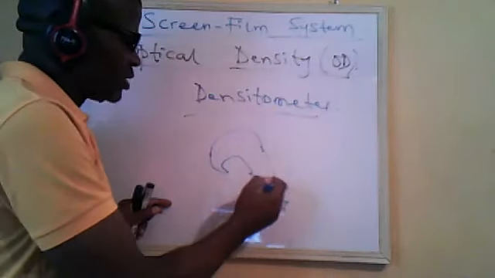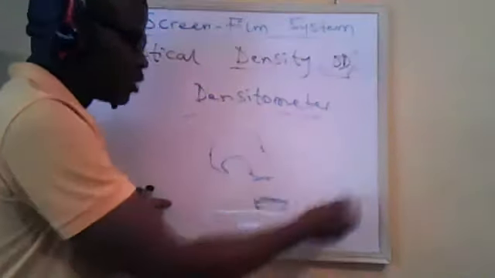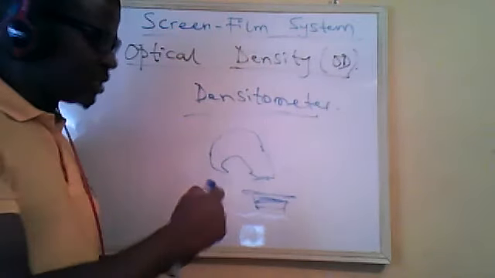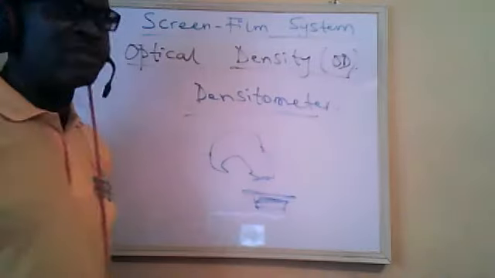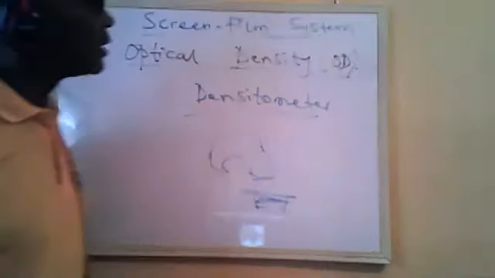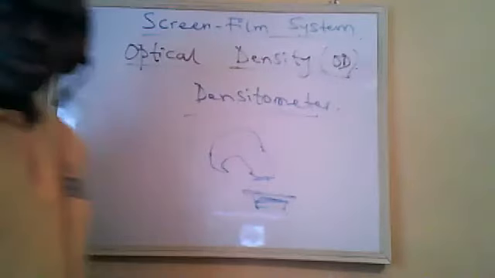You place the film here and shine light to it. The system is going to give us the optical density of that film that has been exposed. That is done using a densitometer.